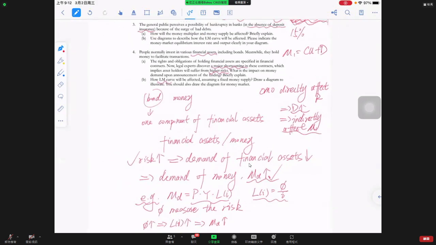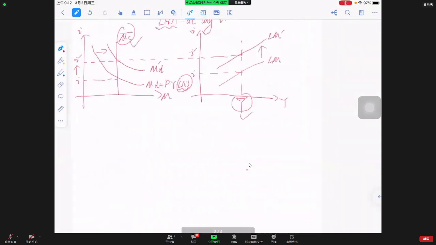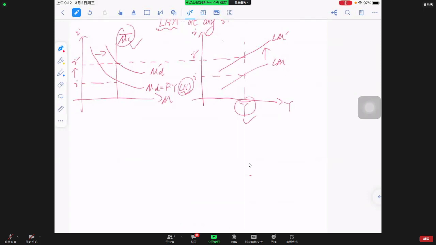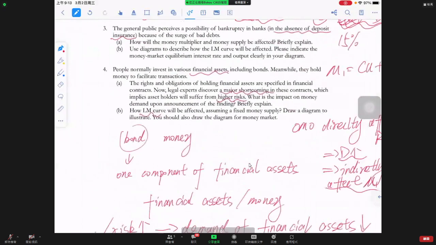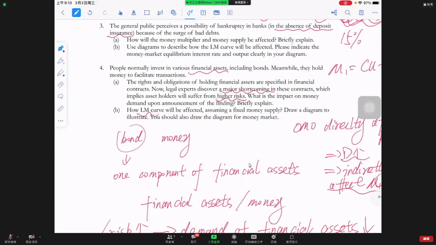Okay, I know. You want to say if I draw it, finally the equilibrium output should decrease, right? Yes, the equilibrium output would finally decrease, but this question is how the LM curve will be affected, assuming it affects money supply.